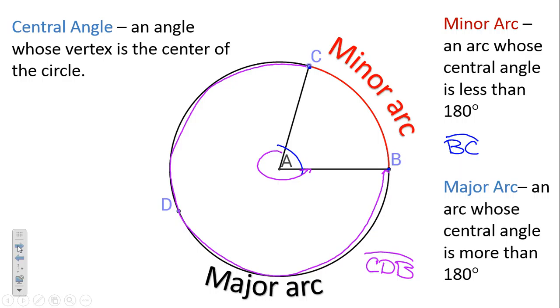Then what do you think happens if we have an arc that has exactly a 180 degree central angle? What are we going to call that? A semicircle.